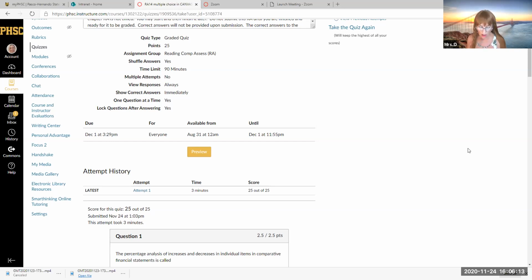So the percentage analysis of increases and decreases in individual items in a comparative financial statements is called A, vertical analysis, B, solvency analysis, C, profitability analysis, or last but not least, D, horizontal analysis.